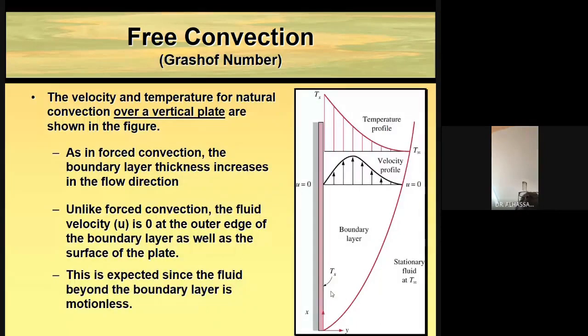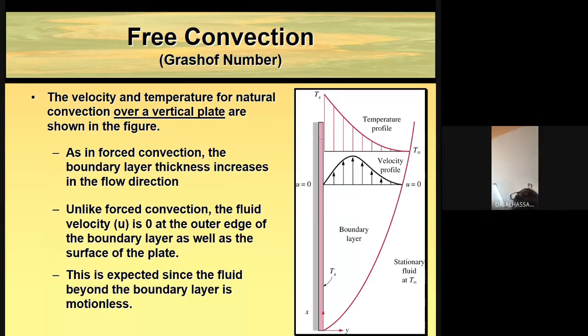Now, let us look at the development of the boundary layer. We have already seen the development of the boundary layer for a flat plate for forced convection. Now, for free convection, how does the development of the boundary layer look?